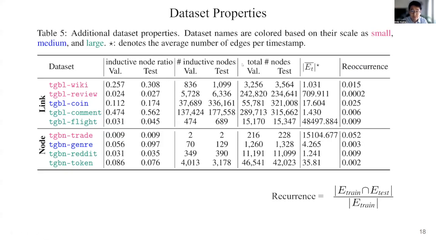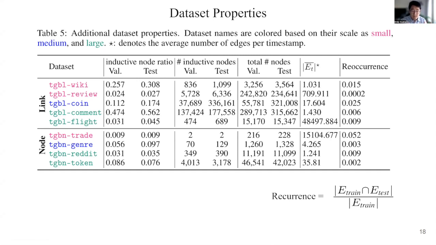And here are more additional properties of the datasets. We also show that the datasets that we present in the paper cover a diverse range of dataset properties. So here, I will mostly talk about the inductive node ratio. This shows the percentage of nodes in the test set that are brand new, that you haven't seen. This is similar to the inductive setting used in previous work, where in the previous approach, they would remove nodes from the graph and then reserve them as inductive nodes.